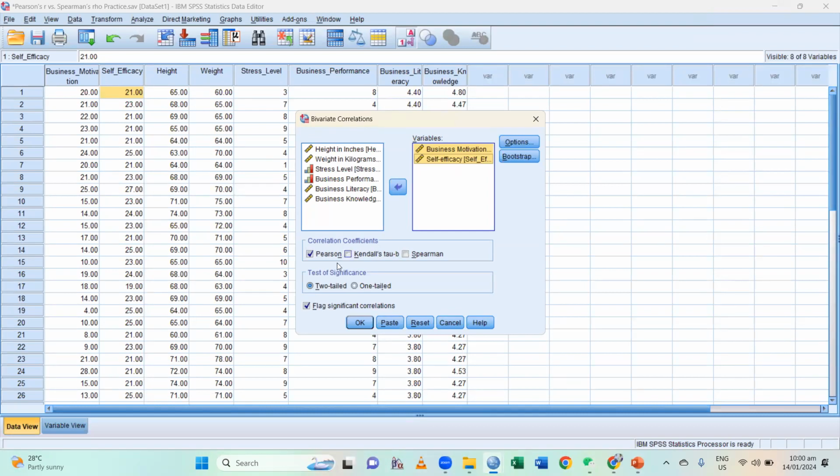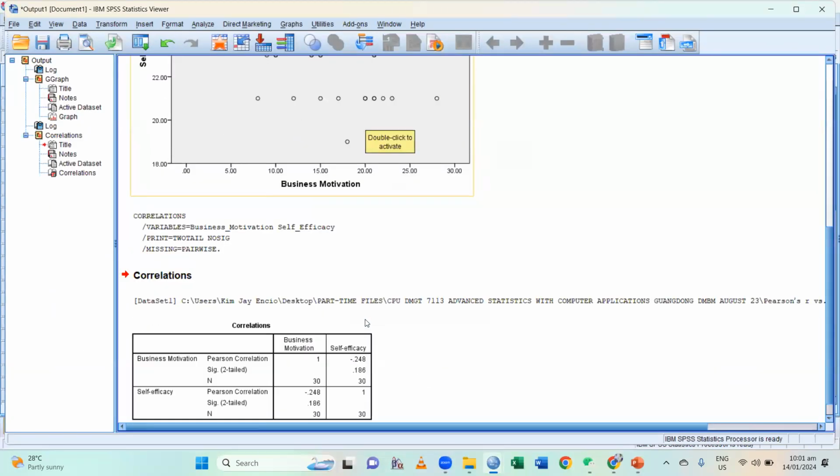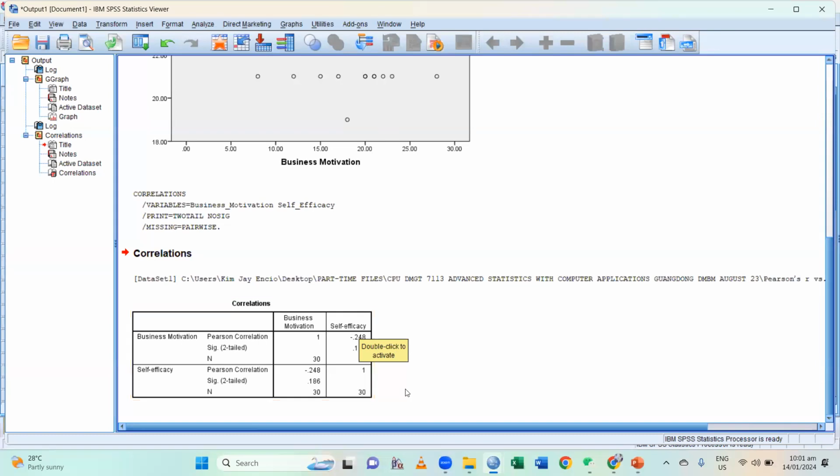In the correlation coefficients, you can choose either Pearson, Kendall's tau, or Spearman. In our case, we will choose Pearson. If you have done this, you may now click OK. And this is now your correlation table.